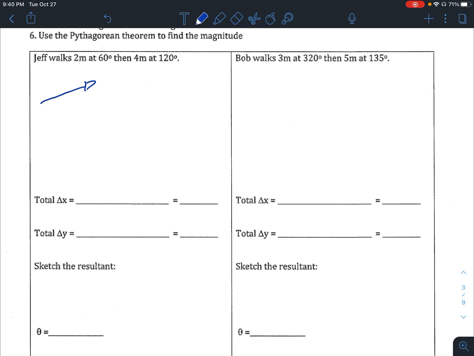So we here have Jeff walking at 2 meters, roughly 60 degrees. And then what we're going to do is separate them and work on them individually.